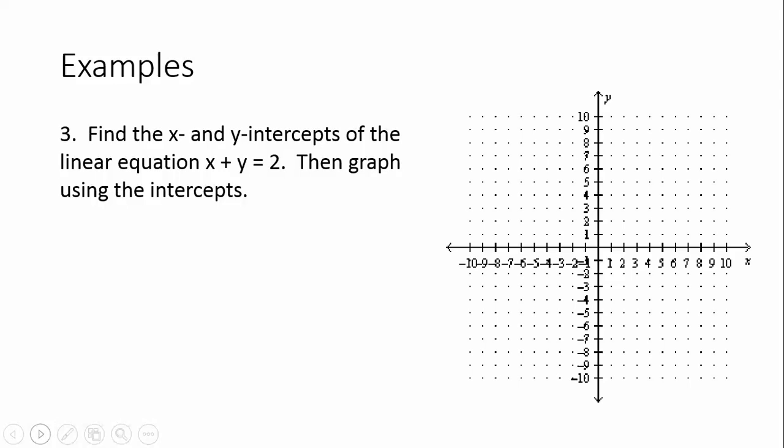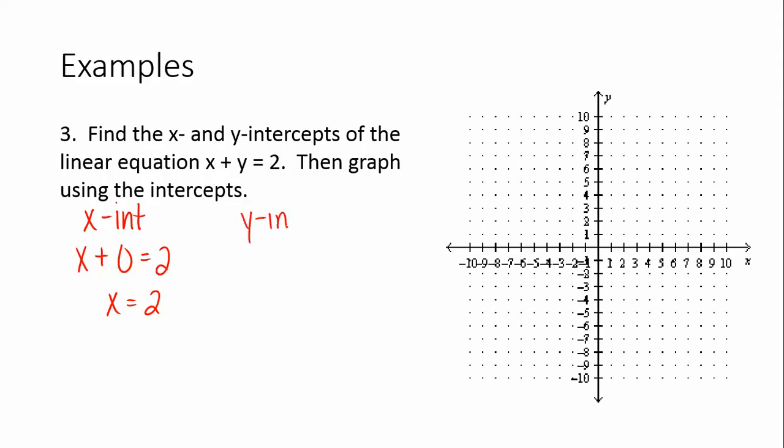One more example here. I'd like you to try this one on your own. So try to find the x and y intercepts, and then graph the equation using the intercepts. So please pause the video. We have x-intercept found by making y 0. X plus 0 equals 2. I'm plugging in a 0 for the y. We get x equals 2.